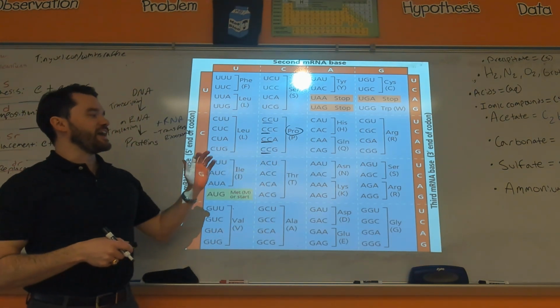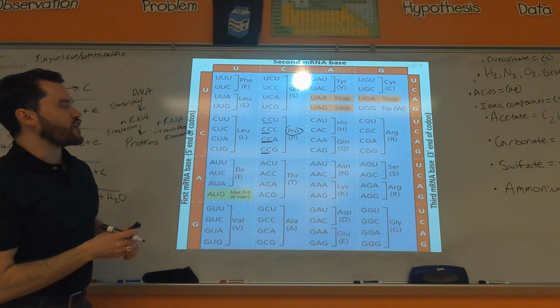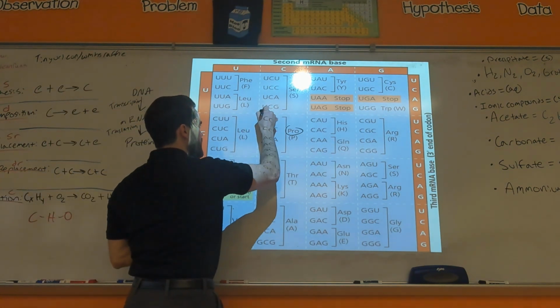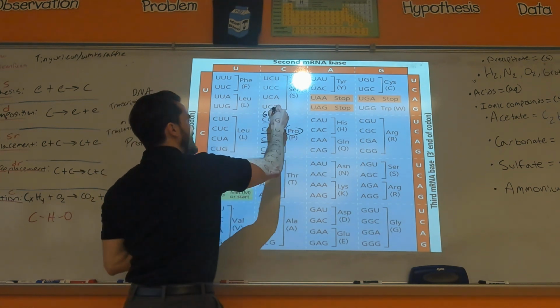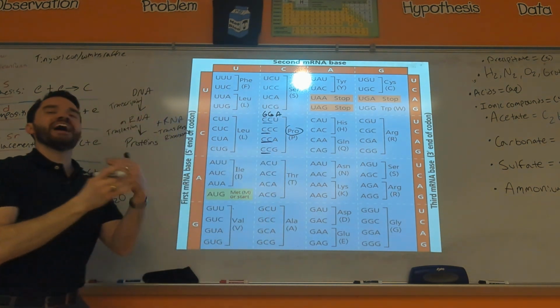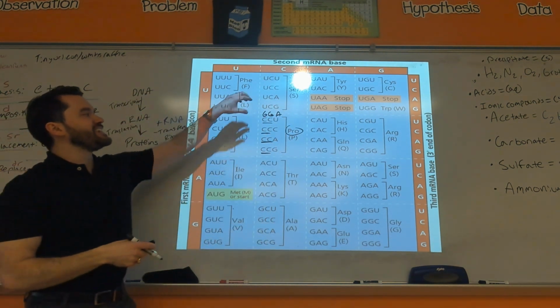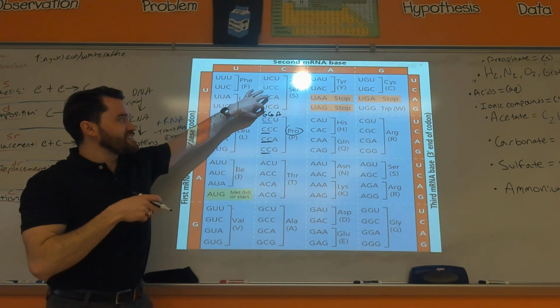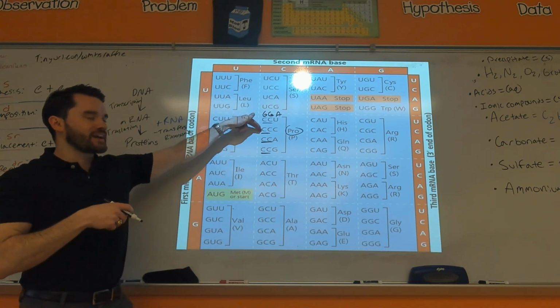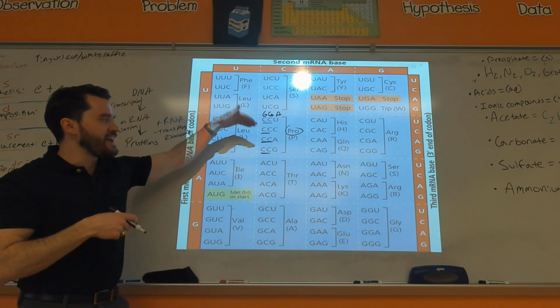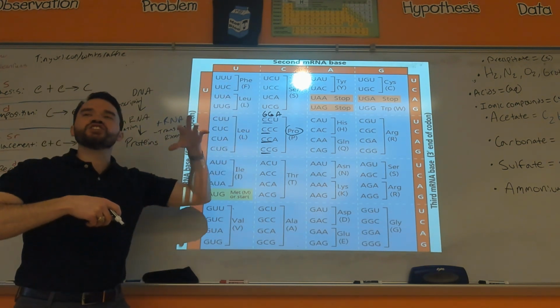So the anticodon on the tRNA would be GG, if we're talking about proline, and if it's this one, it's GGA. But the idea of wobble would say that the tRNA with GGA on the anticodon that would go with CCU could also recognize CCC or CCA or CCG because there's a little bit of a wobble.